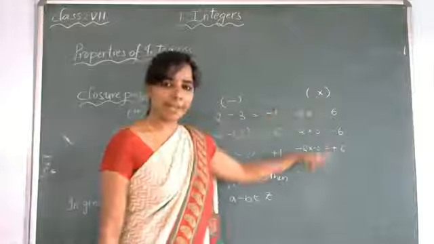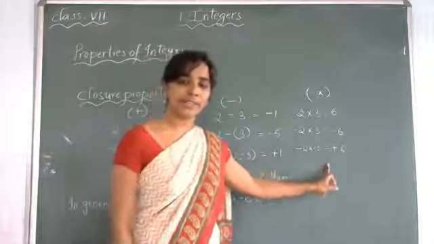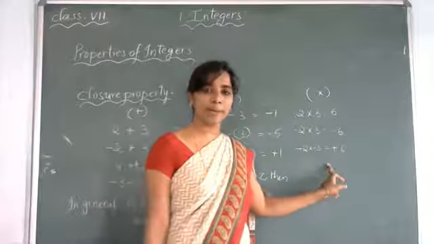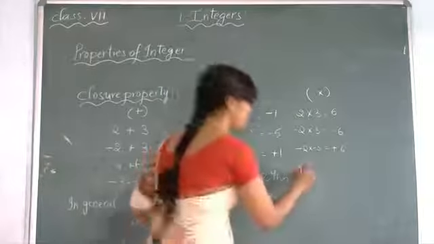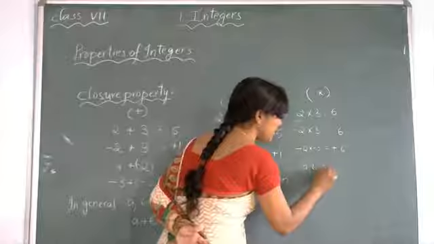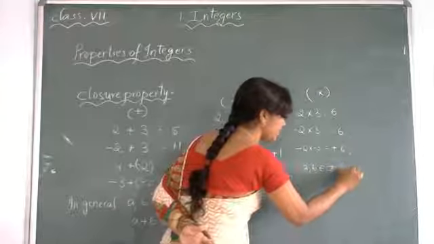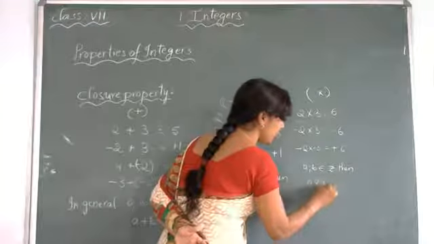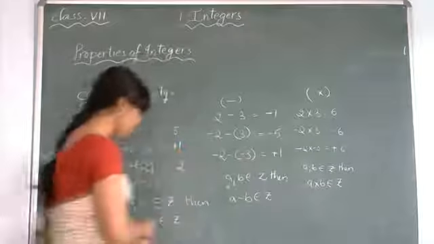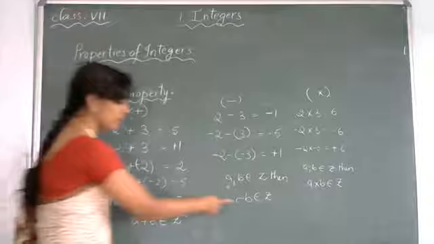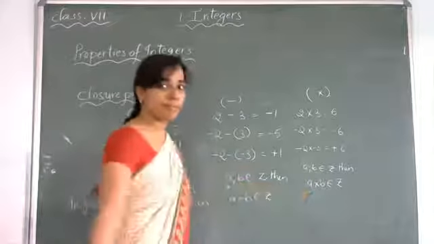So under multiplication also, if you take 2 integers and do the operation multiplication, the result is also an integer. So a, b belong to integers, then a into b is also an integer. So the closure property is satisfied under addition, under subtraction, and under multiplication.